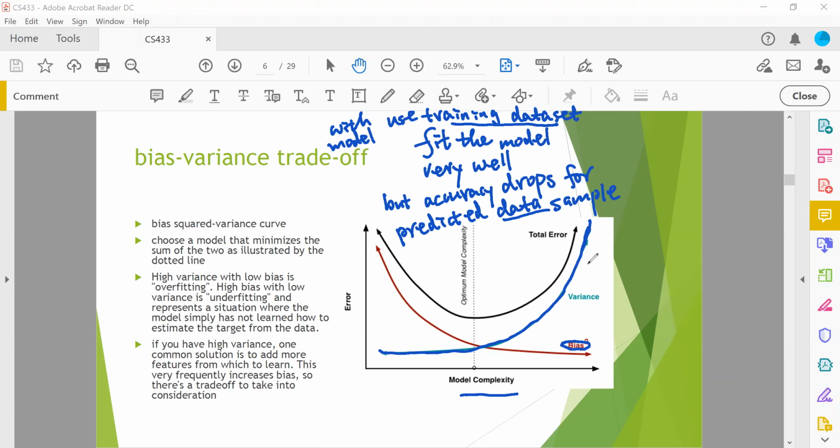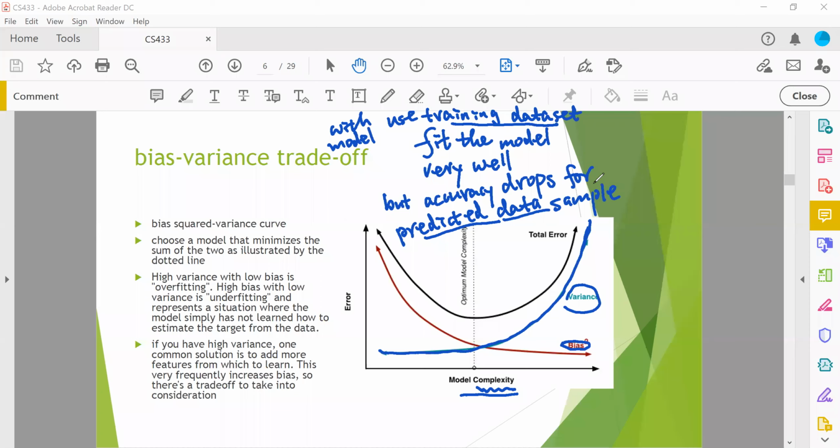So that means you have a higher variance. One of the reasons is your model may be too complex. Your model catches too much of the noise from the training data set, and so it doesn't reflect well for predicted data. So you can see it's the opposite way of the bias.